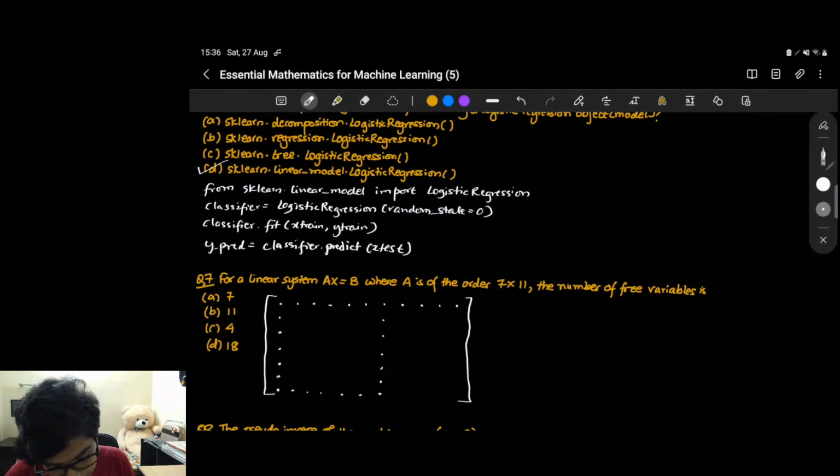So this would be your matrix A, and you would apply row operations on this matrix A as well as on the column vector b, same operations, and then you would obtain the reduced row echelon form. Now in the reduced row echelon form, your diagonal elements would be 1.